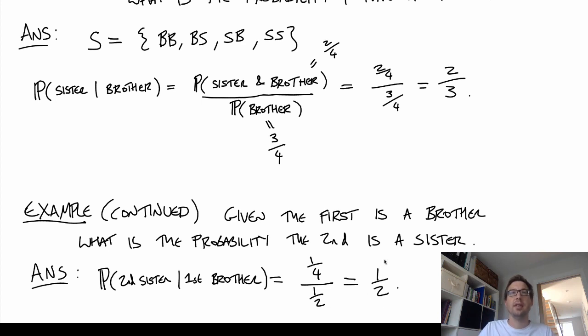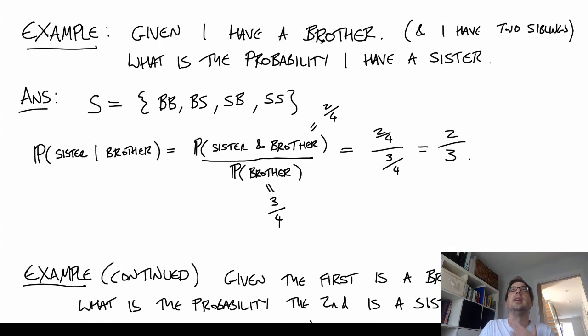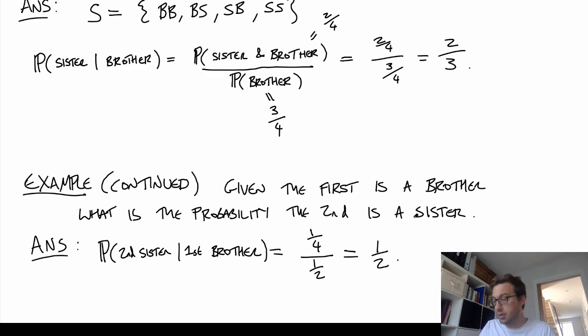Now the difference that's occurred here is we've moved from a situation where the event of having a brother is not independent of the event of having a sister, to a situation where the event of having a brother as the first child has no effect in principle over having a sister as the second sibling. So what's introduced here is some notion of independence, and that's also what you were anticipating with this question.